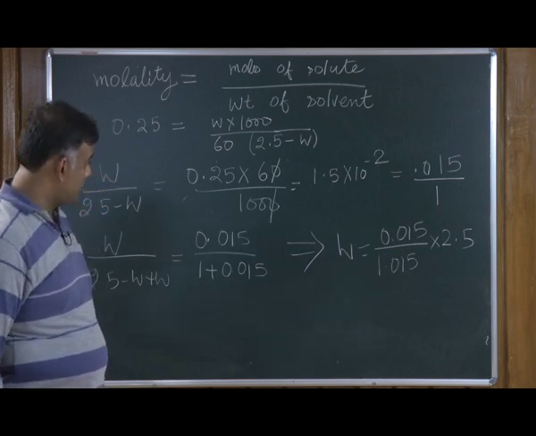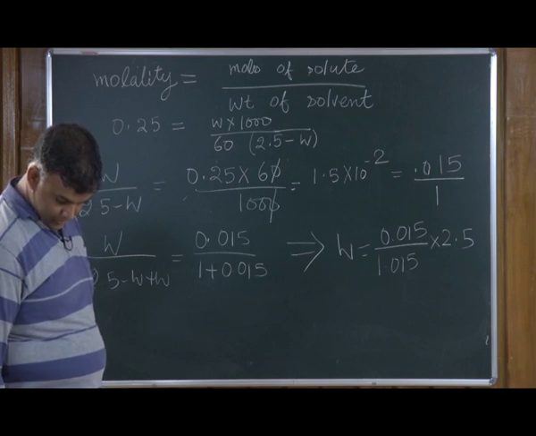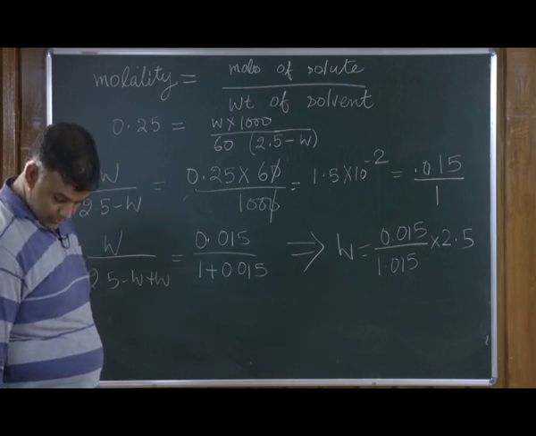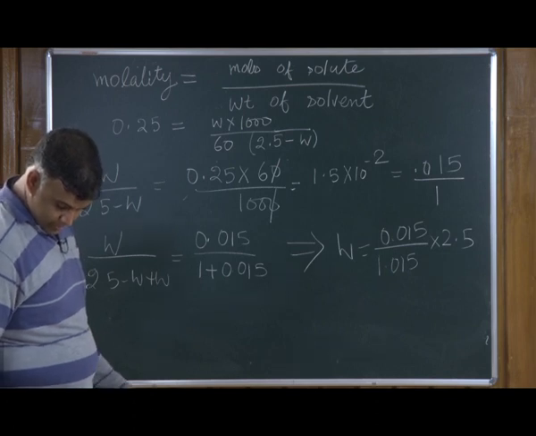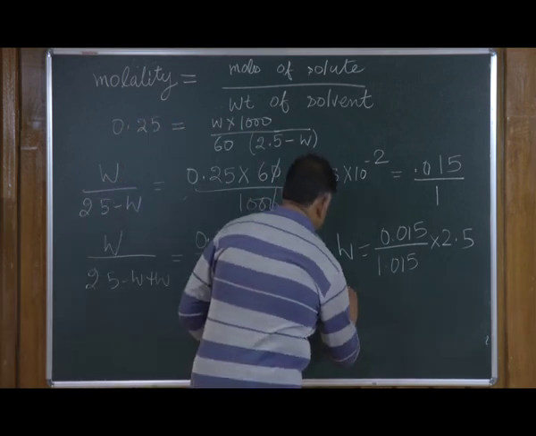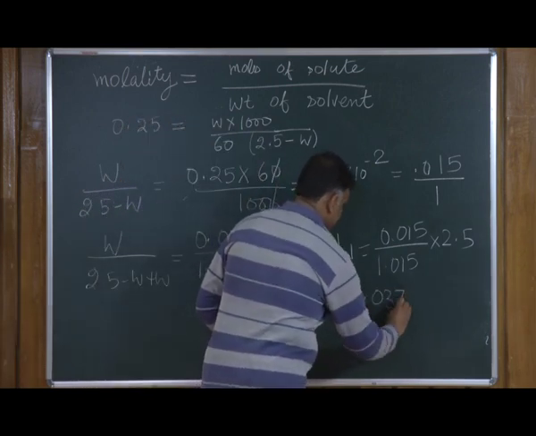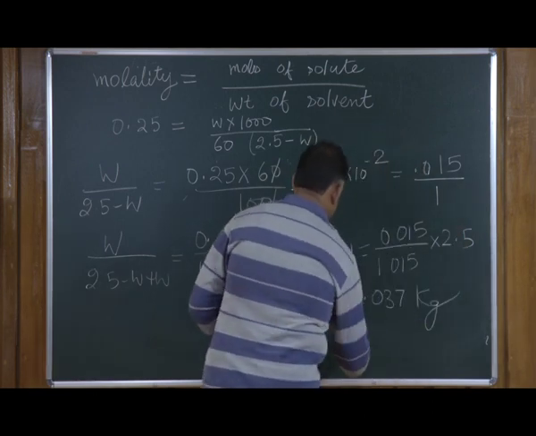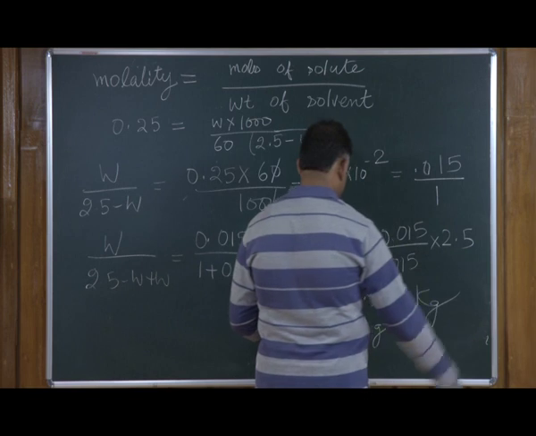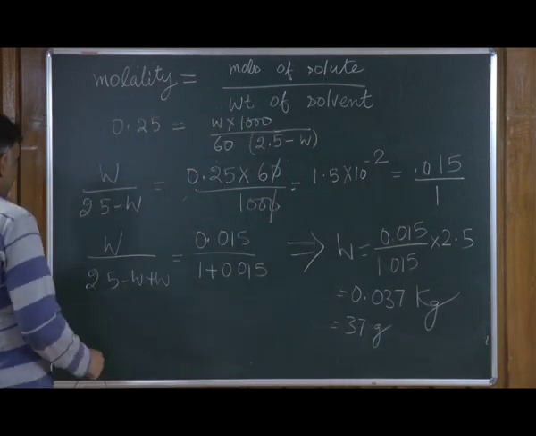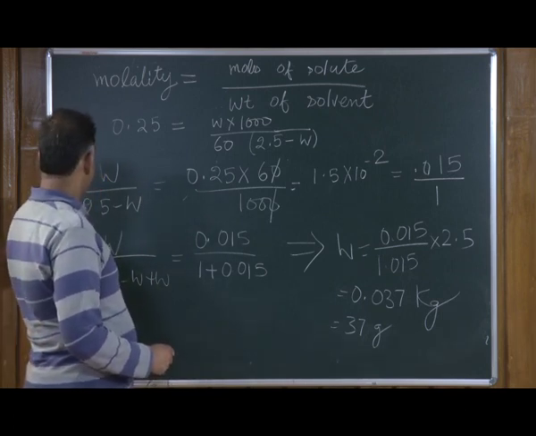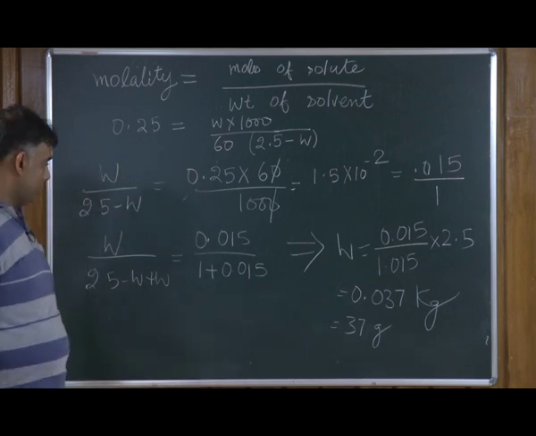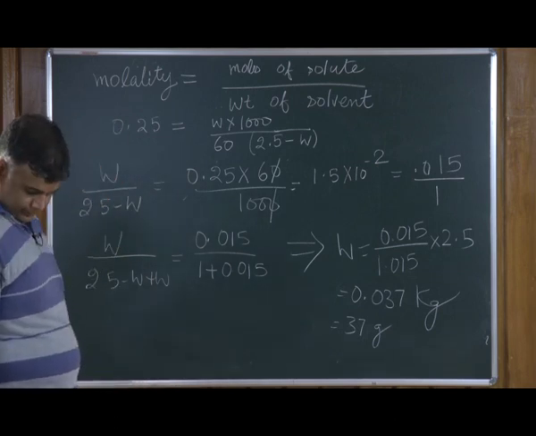So, the answer becomes 0.015 multiplied by 2.5 divided by 1.015, equal to 0.037 kg or 37 gram of urea is required to prepare 2.5 kg of 0.25 molal solution.